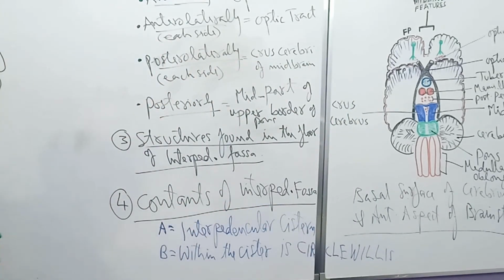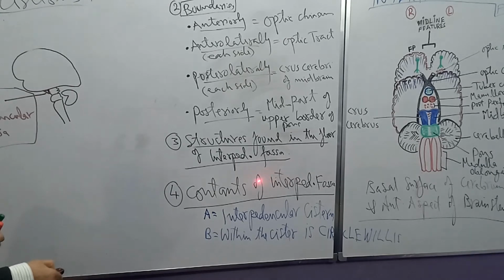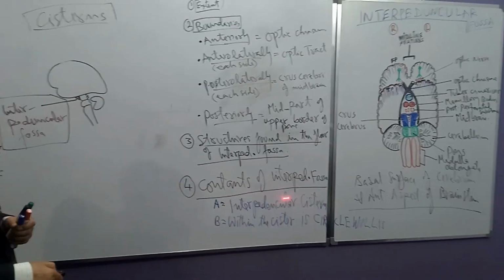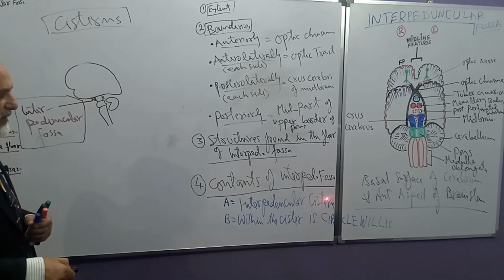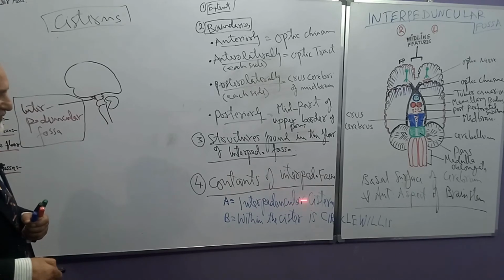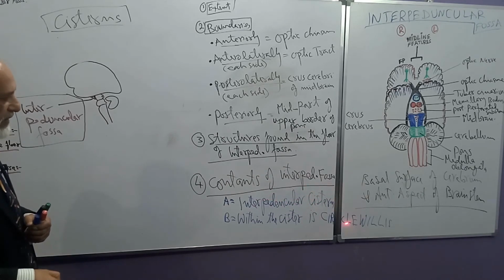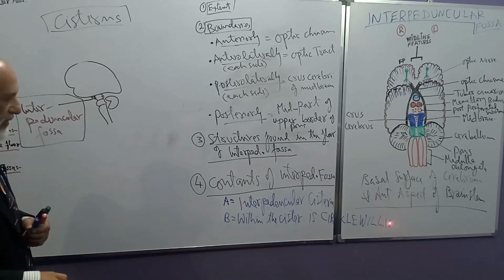These are the contents of interpeduncular fossa. Interpeduncular cistern is in the region of interpeduncular fossa. And what is inside the interpeduncular cistern is the circle of Willis, an arterial anastomosis called circle of Willis.